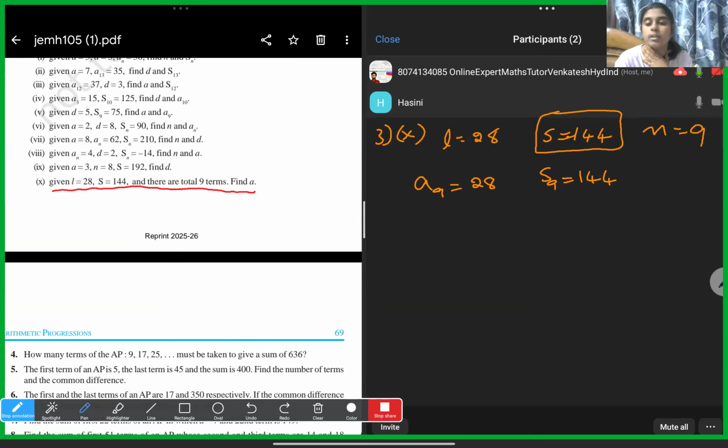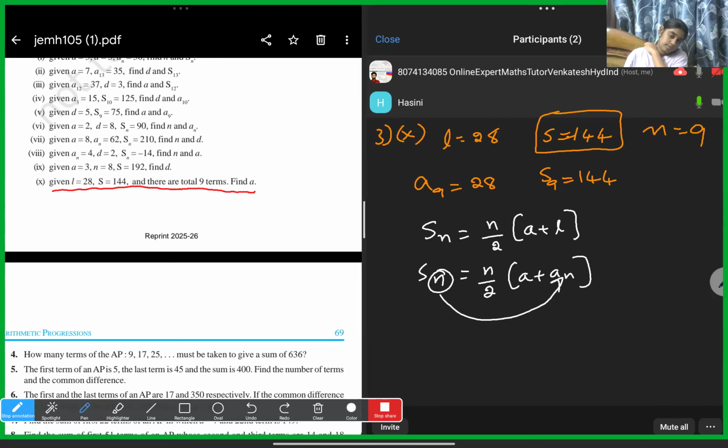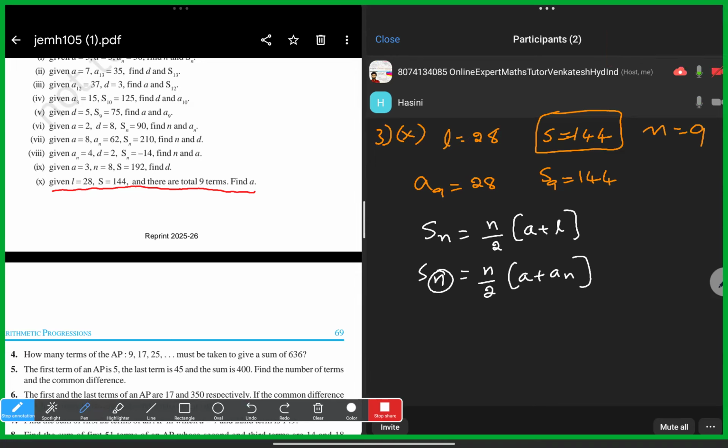Okay, Hasni? So why can we use the second formula? Because Sn is equal to n by 2 into A plus L, or n by 2 into A plus An. Means whatever n is there, that particular term should be there. We have S9 and A9, that's why we can use the second formula. We cannot use the first formula because it would have d in it, which is not given in the question, and A is also not given.